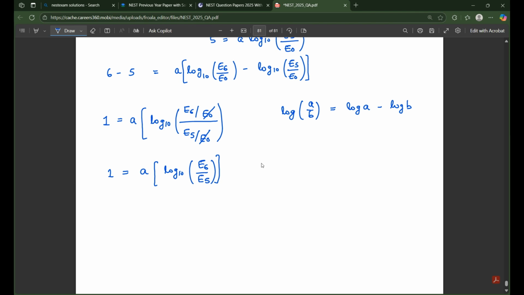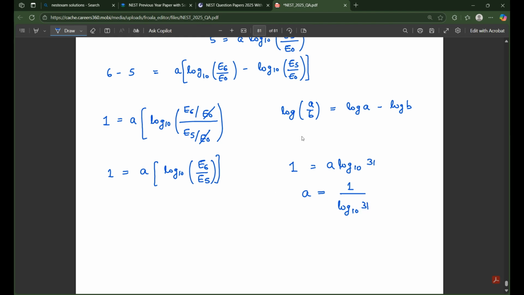So we got 1 is equal to A log 10 of 31. This is the equation that we are getting. Now from here we get the value of A. The value of A is 1 upon log 10 31.